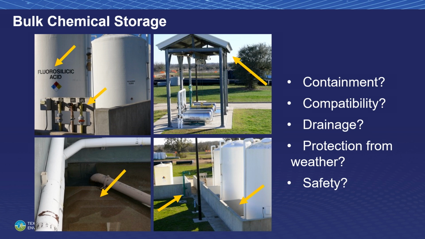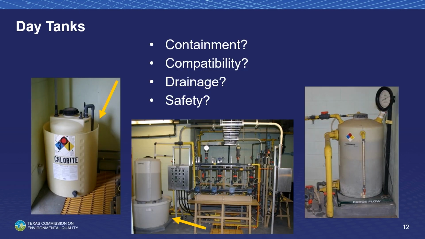If you have day tanks, they need to have some kind of catchment underneath them, so if they do leak, you don't get chemical everywhere. And I told you the story about storing sodium hydroxide and permanganate together. Those two get together, you're going to have an issue. It's going to start a fire somewhere. There's enough heat in that reaction to really give you some issues.